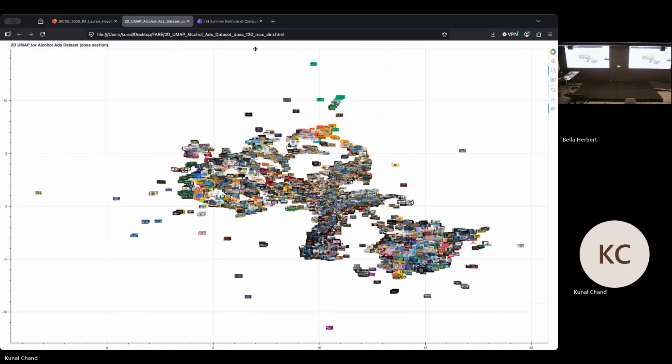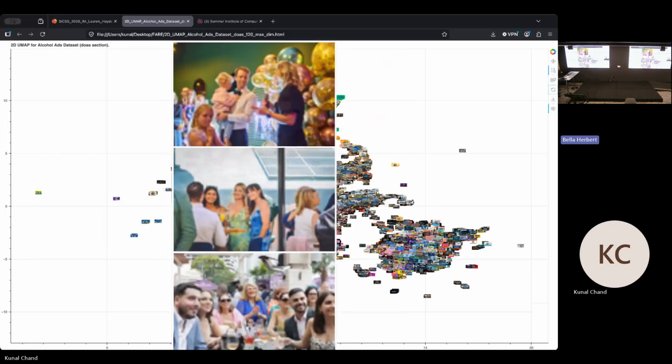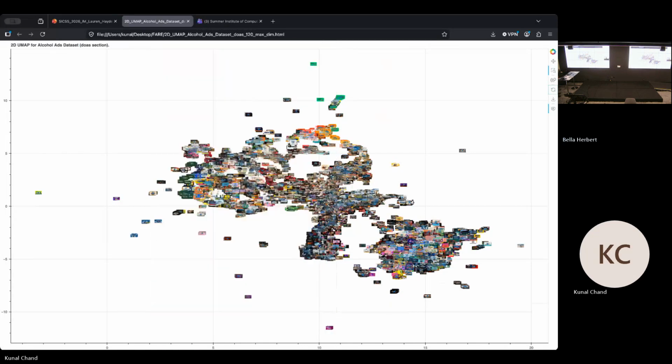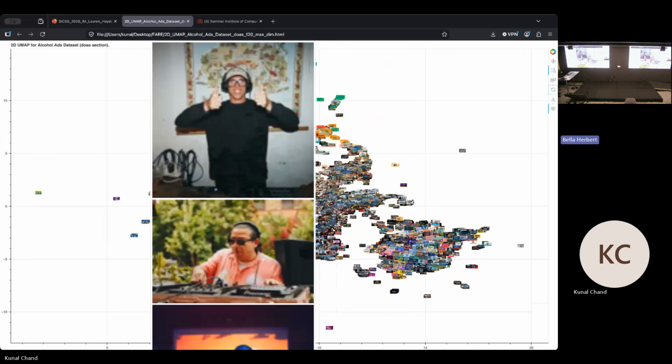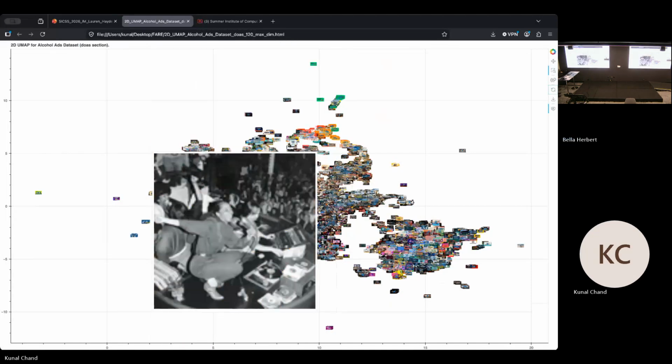But it becomes more interesting when, let's say we're doing a paper on something and we want to see just what the general patterns are. So we can see here in this area, it's groups of people. If we go down here, it's more venues, single people or groups of people, DJs, black and white here. It's groups of people still.